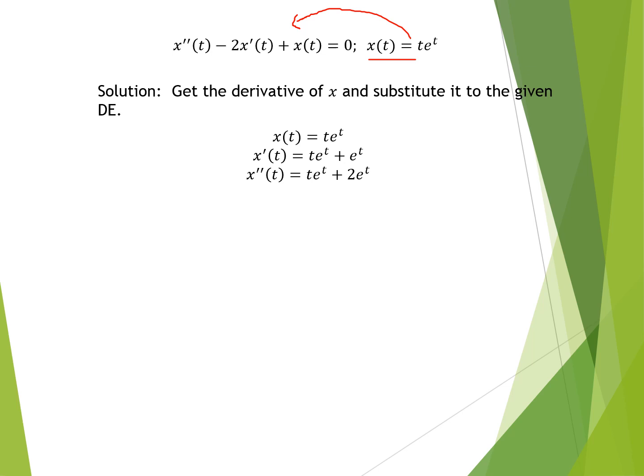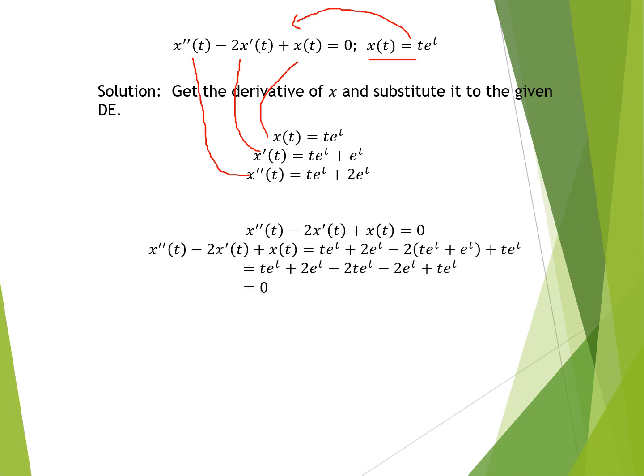The next derivative is t e to the t plus another e to the t, plus another e to the t. This will combine to 2 e to the t. And then what to do is plug it in and verify if it will give you 0.